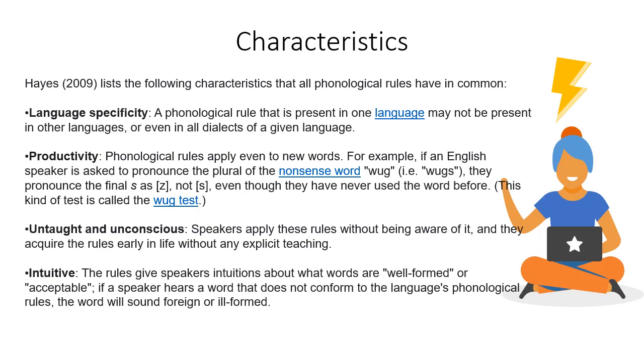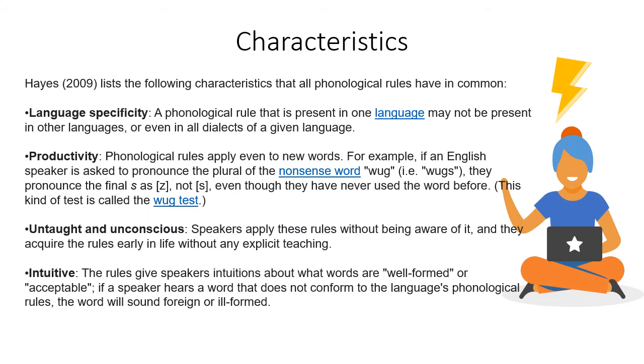For example, if an English speaker is asked to pronounce the plural of a nonsense word, they pronounce the final sound a certain way even though they have never used the word before. This kind of task is called the wug task. The third one is untaught and unconscious.